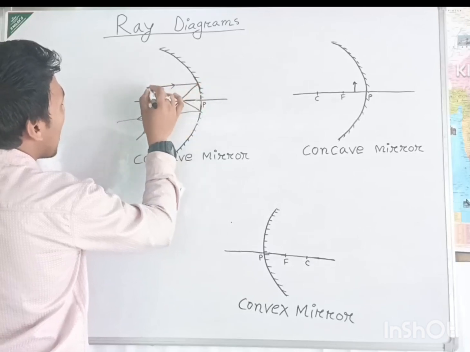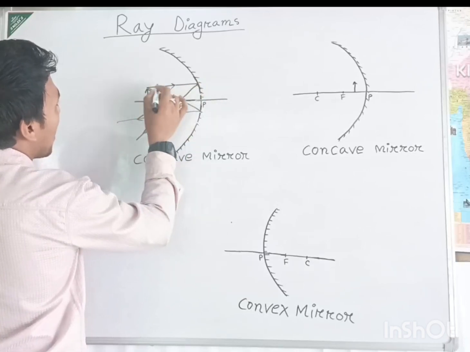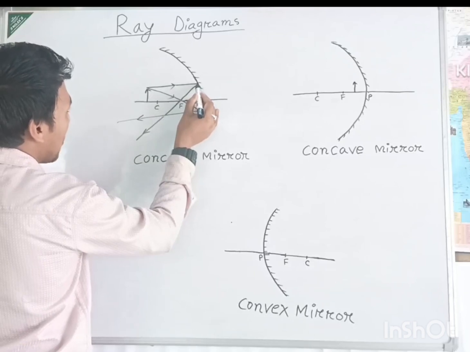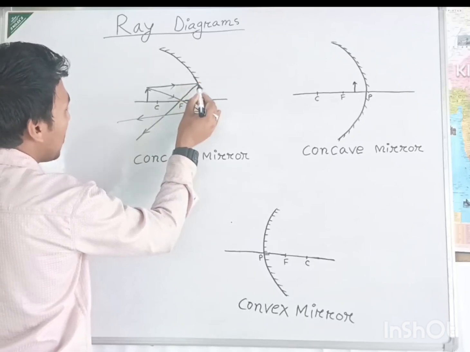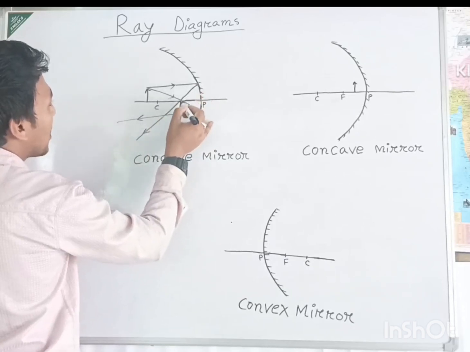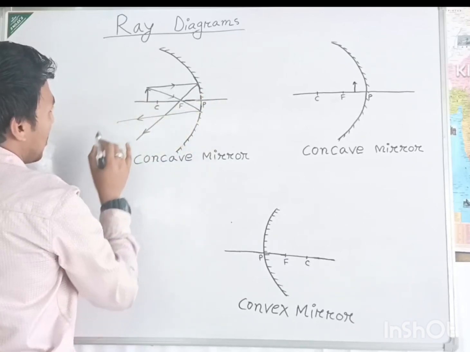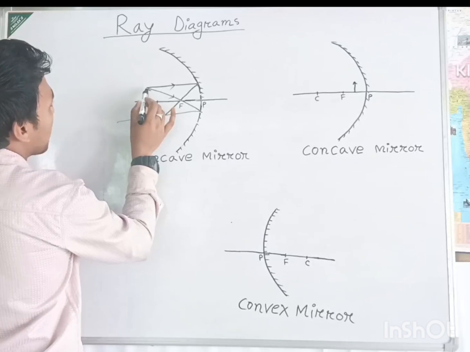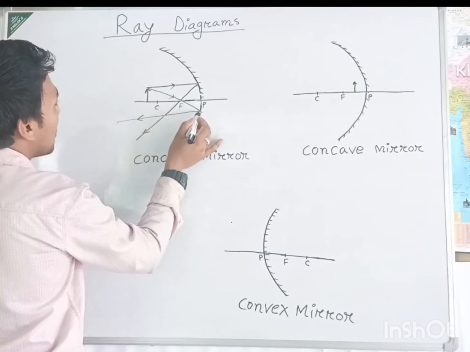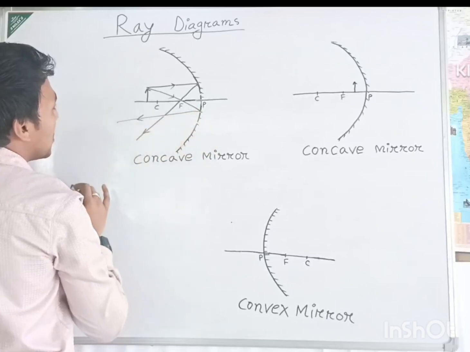Now this line is parallel to this principal axis. When this ray passes parallel to the principal axis, this is the point of incidence. Now this is the polished part of a concave mirror. This ray cannot enter here, so it will reflect back, but it will reflect back through the focus. And the next ray passes through the focus, and when this ray reflects back, it will return parallel to the principal axis.